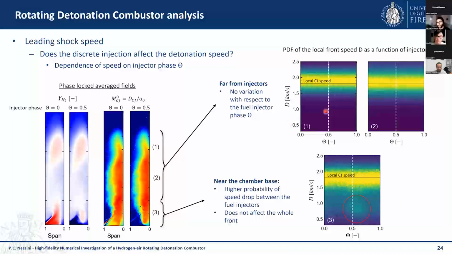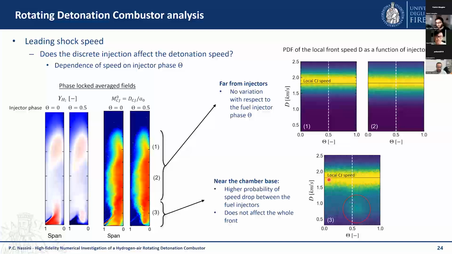And here we can see that the detonation speed, so the PDF, is distributed roughly around the local CJ speed in regions 1 and 2, without any preferential speed drop as a function of the injector phase, while we have a preferential drop of speed only at the base of the chamber.